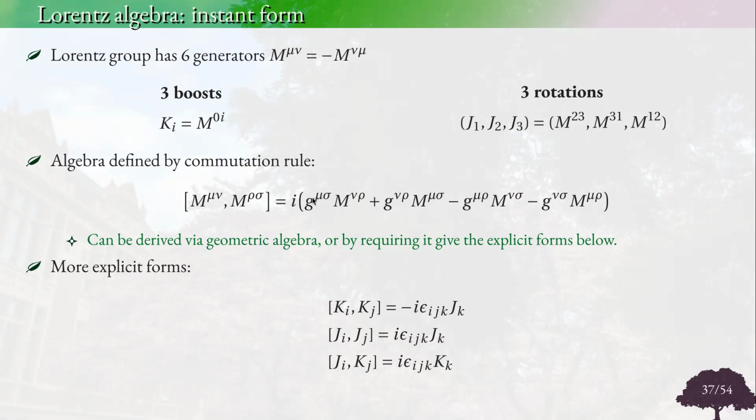You don't know whether they're +1, -1, i, whatever, A, B, C, and D. But we know that 2 boosts need to induce a rotation, and we know what the basic algebra of rotations looks like. So we can require that this covariant commutation rule reproduce these more explicit forms below. Either way, you can derive this rule.